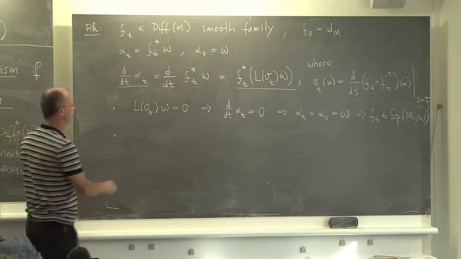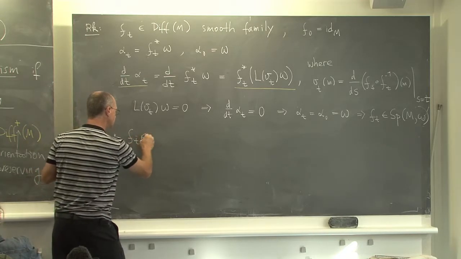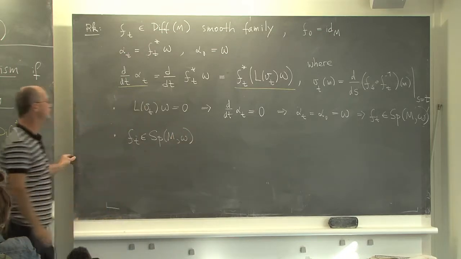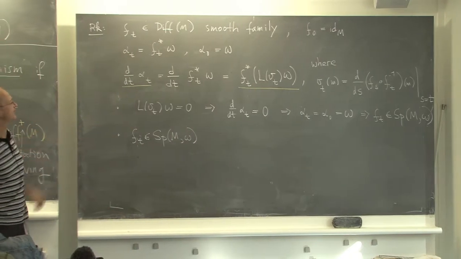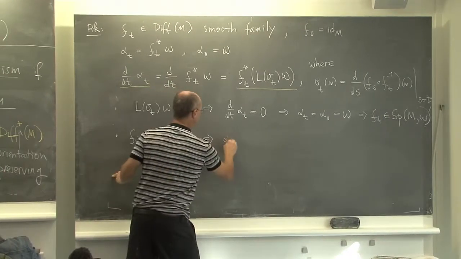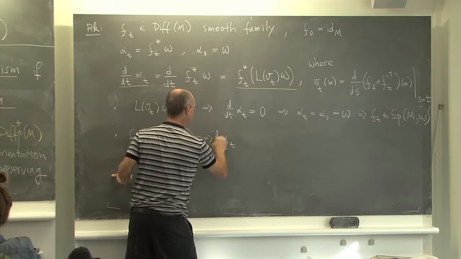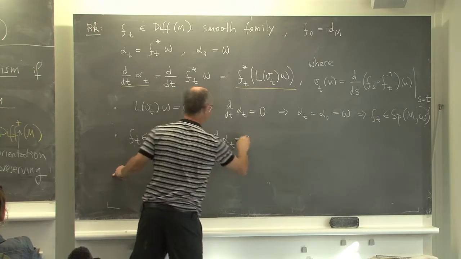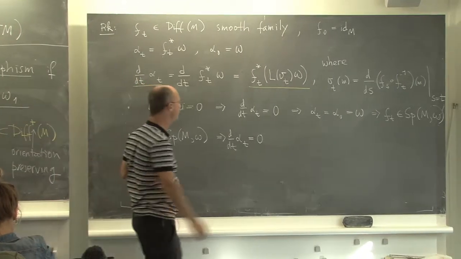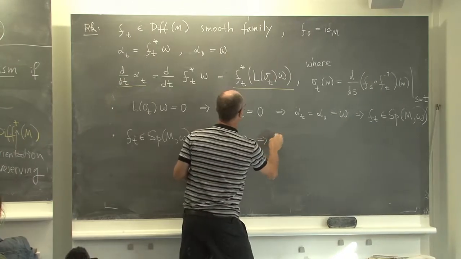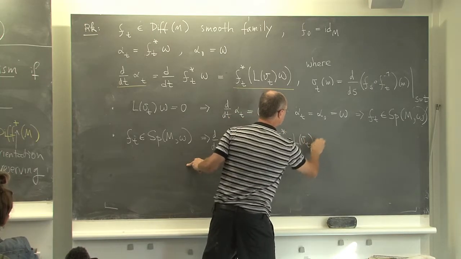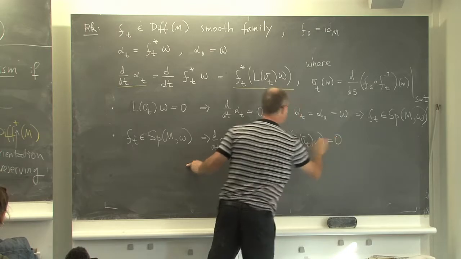Of course, the other way around, if Ft belonged to the group of symplectomorphisms, then d over dt of alpha t has to be 0 because alpha actually doesn't change. It's always equal to omega. And then this means that the pullbacks of L Vt omega vanish.